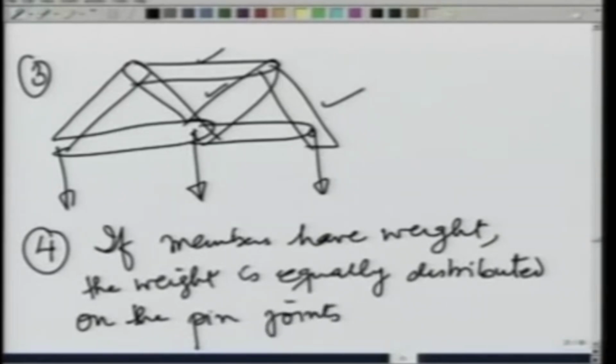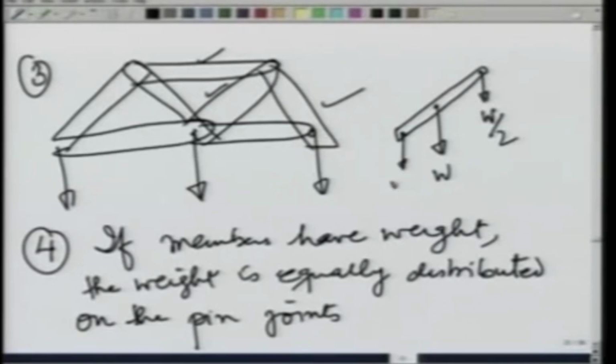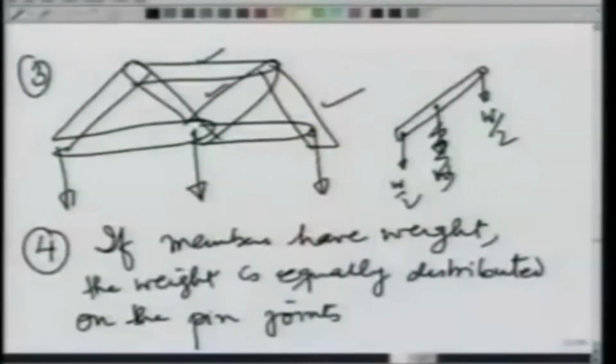That is, if for example a member may have a weight W, then I am going to say that this pin joint bears W by 2 and this pin joint also bears W by 2 of this weight. So, the weight is equally distributed on the pin joints. Under these assumptions, we analyze the trusses.